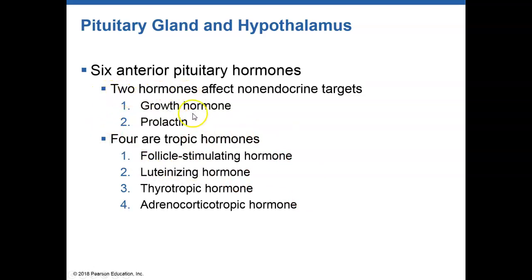The other two, growth hormone and prolactin, stimulate other cells, not endocrine cells, to do their jobs. Growth hormone acts on muscles and bones, stimulates metabolism, whereas prolactin acts on your mammary glands to produce milk.